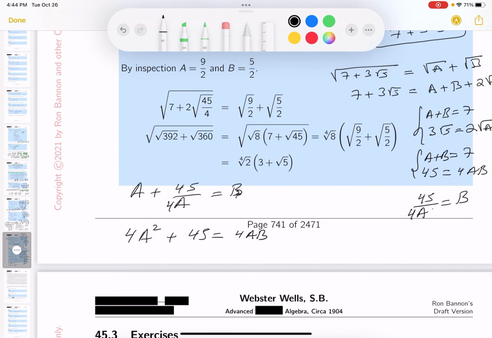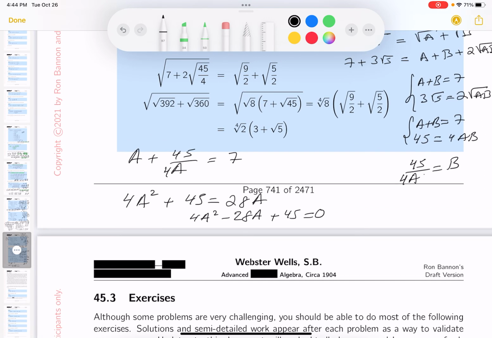It's crazy. No excuse for that. So that would be 28. Sorry about that. And multiply by 4A, 28A. It's more difficult. There's no doubt about it. 4A squared minus 28A. What do you get over here? Plus 45 equals 0.